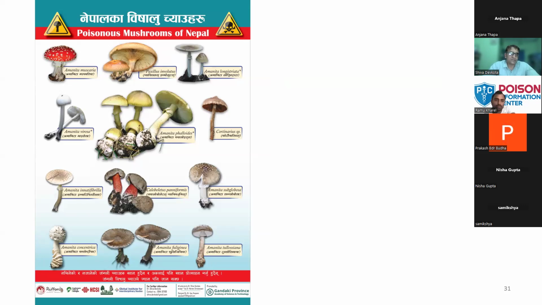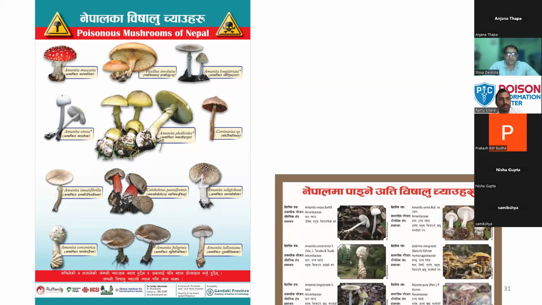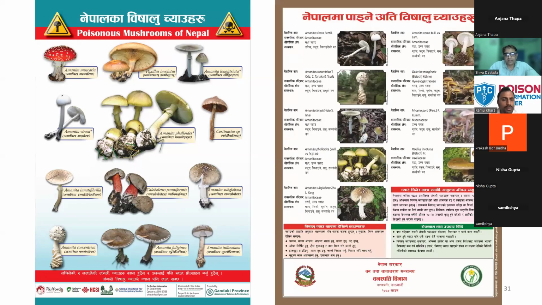Here you see Amanita muscaria, Paxillus, Amanita longistriata, and there is also another poster in Nepali. I contributed pictures and text, and they were produced by the Gandaki Province Academy of Science and Technology and the Department of Plant Resources, from the ministry level. So these are some of the initiatives for our people in Nepal.